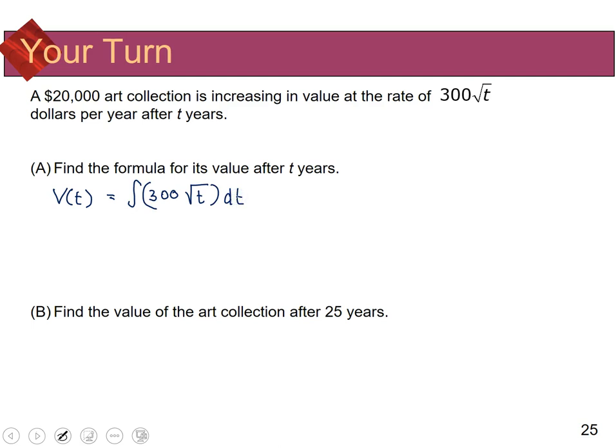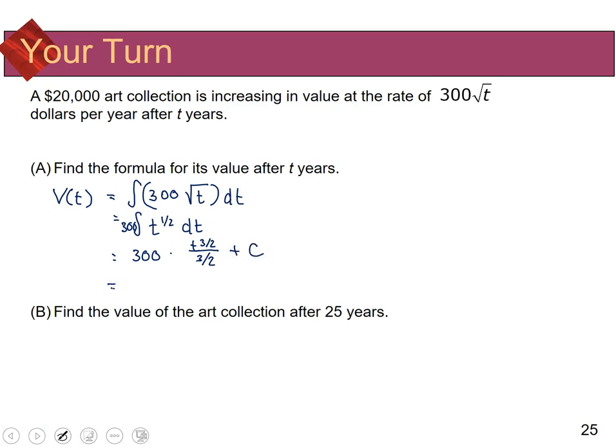Okay, so now again I'm going to think of this as the integral of, I'll move the 300 out here, t to the 1/2 power dt, which gives me 300 times t to the 3/2 divided by 3/2 plus an arbitrary constant c.